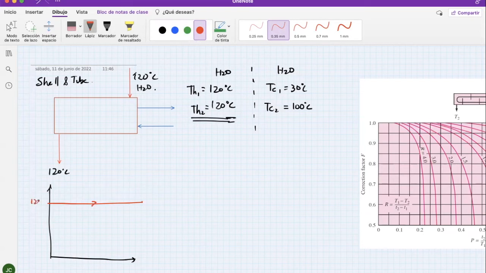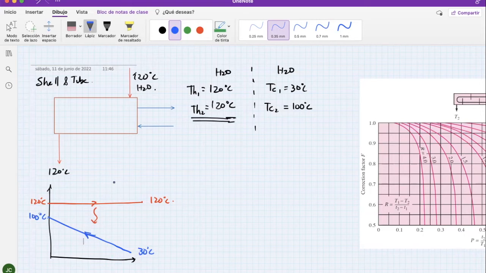Everything here is 120 degrees Celsius, but it's losing heat, because this heat should be going to another substance. That other substance is going in at 30 degrees Celsius and going out at 100 degrees Celsius. So that's what's happening.